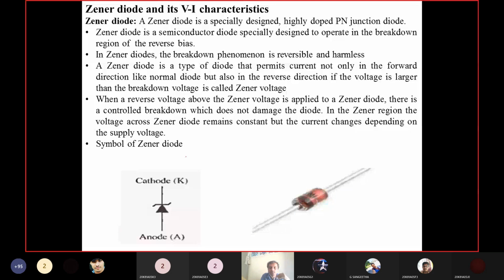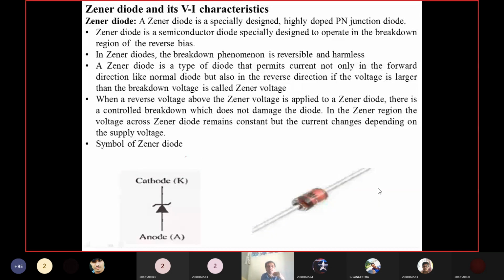So one, two or three of these Zener diodes will be connected in series or parallel, and they will make a particular voltage constant by using the Zener diode.